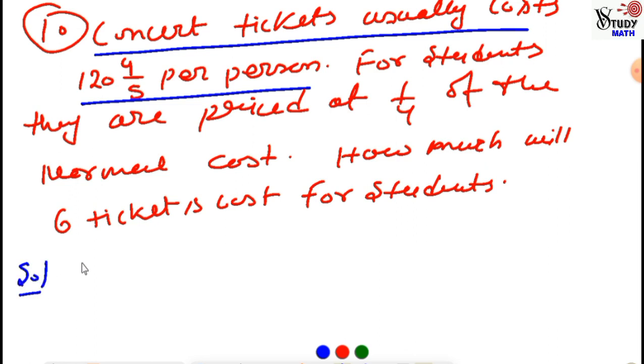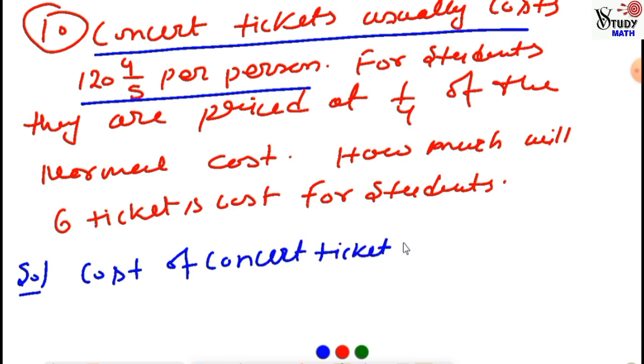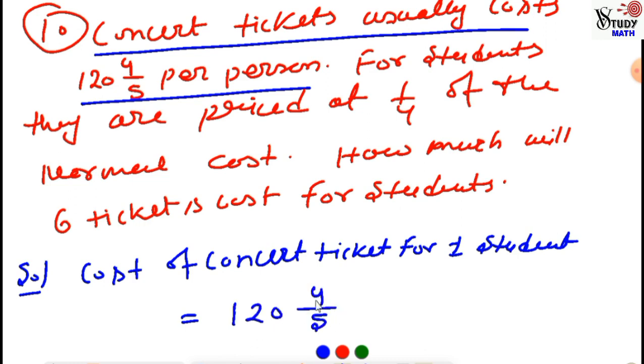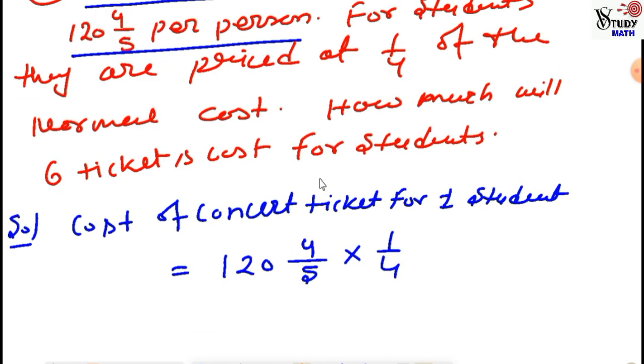Cost of a concert ticket for one student: the normal cost is 20 4/5, and it becomes 1/4 times that for a student. So this is the cost of one ticket for the students.